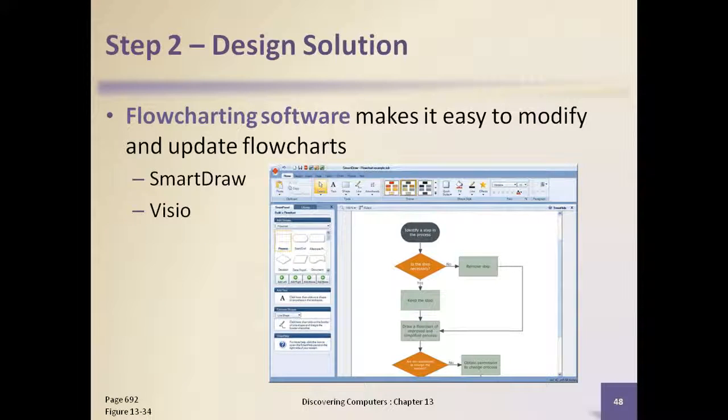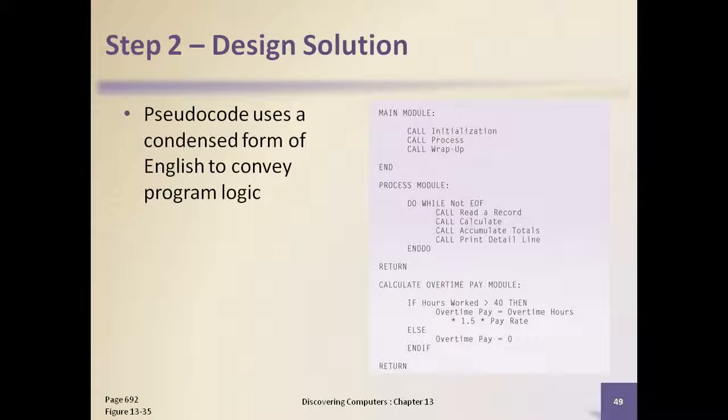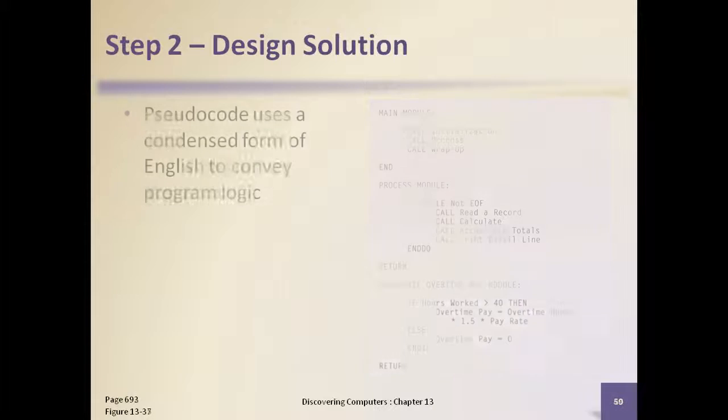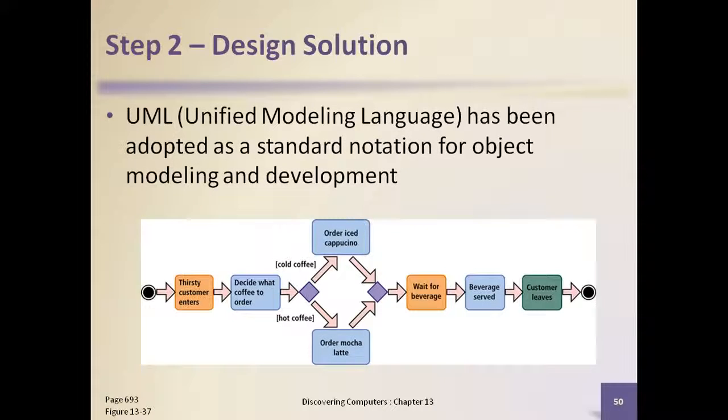Flowcharts are easy to modify with software such as SmartDraw. Pseudocode uses a condensed form of English to convey program logic. UML has been adapted as a standard notation for object modeling and development.